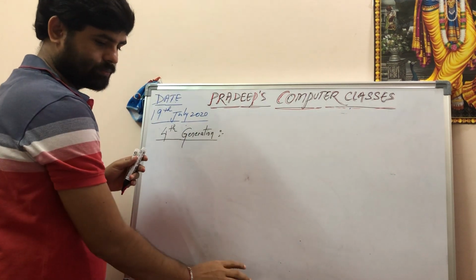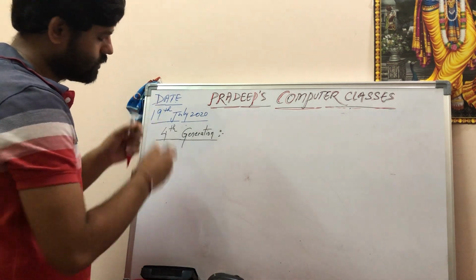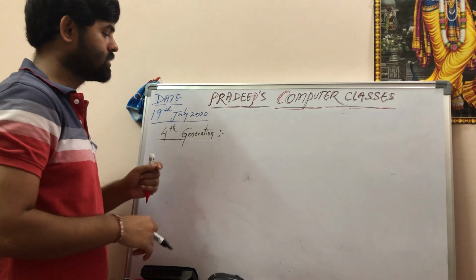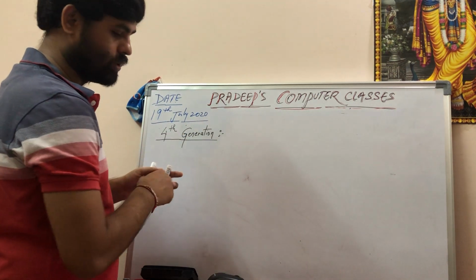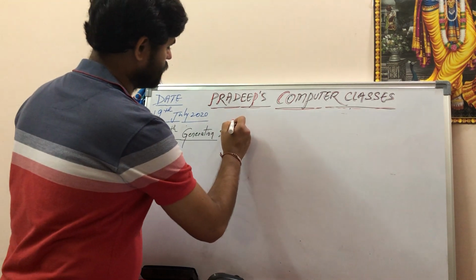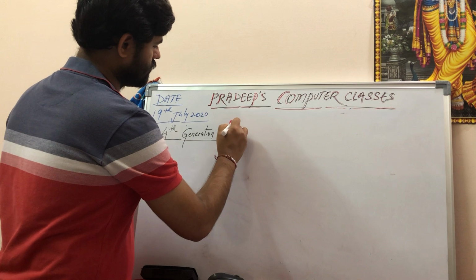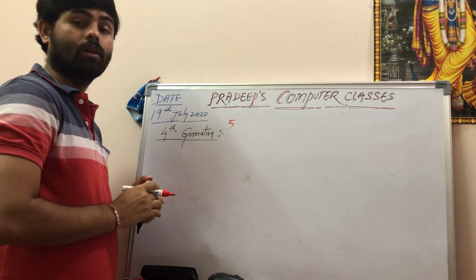Next point is, from here only the personal computer started developing. So tomorrow, in the next class, we'll see what a personal computer is. But here you can write the fifth point: the first personal computer developed by IBM belongs to this generation.